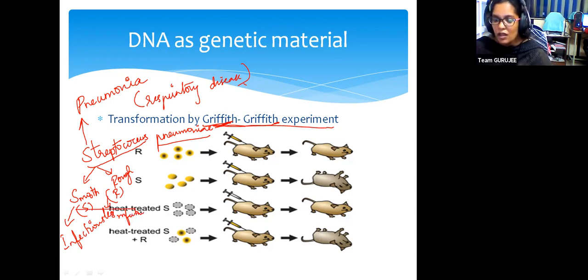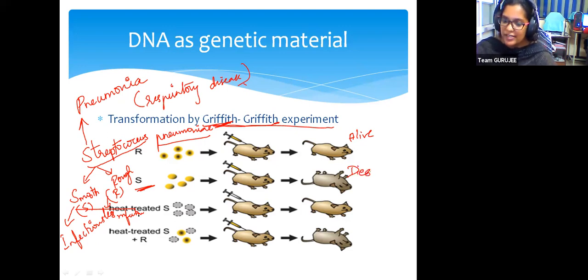In the first mice, he injected the rough strain of Streptococcus pneumoniae. After some time, the mice was alive. It doesn't cause any infection. The mice was healthy. When he injected S strain in the mice, the mice dies.